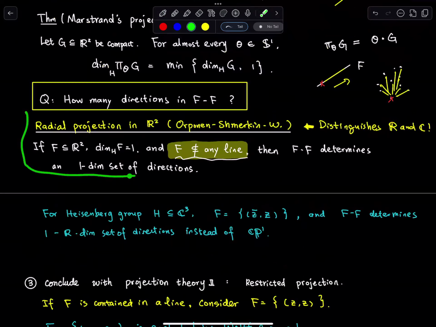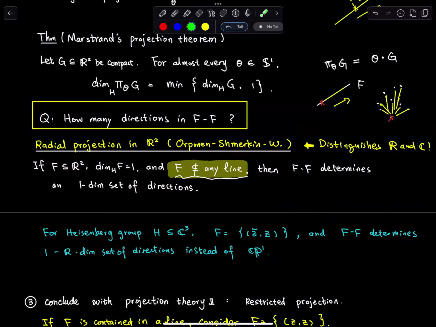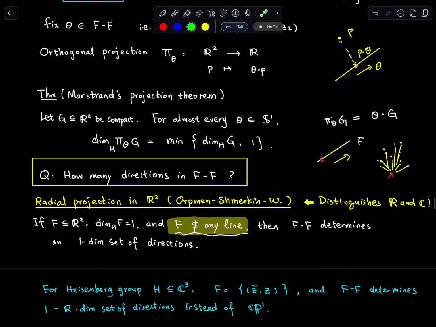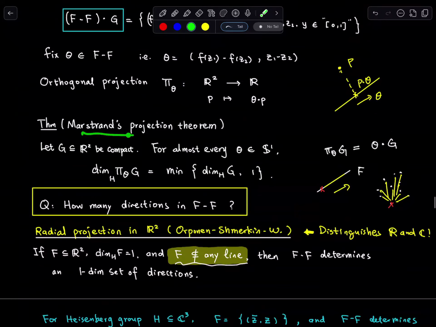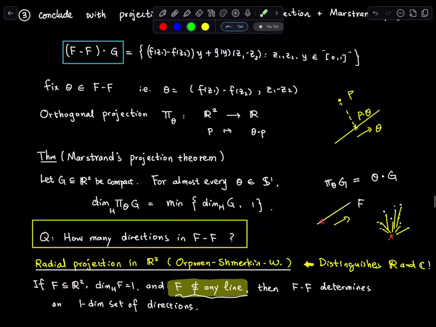So using this radial projection theorem, we say that as long as F is not contained in any line, then F minus F determines a one-dimensional set of directions, and then combined with Marstrand's projection theorem, we know that there exists a theta such that theta dot product with G has dimension equal to the dimension of G, which is 1.